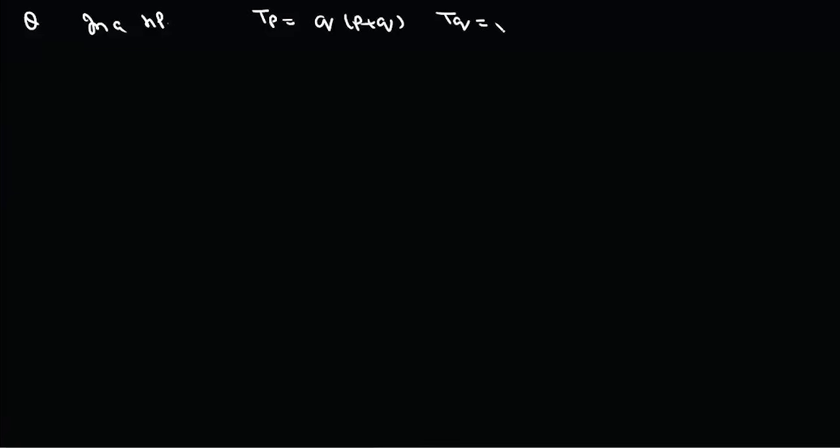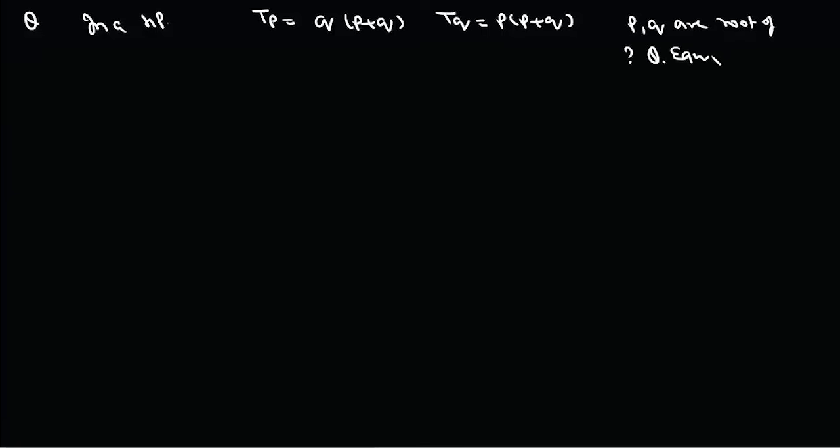Here the question is, in an HP, we are given that its pth term is Q into P plus Q and its qth term is P into P plus Q, then P and Q are roots of which quadratic equation?